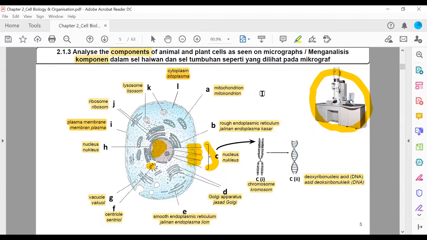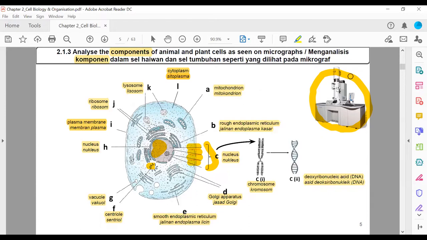They are known as organelle. Tapi cytoplasm dengan plasma membrane bukan organelle. For your information. Mereka hanya dikenali sebagai cellular component ataupun komponen sel sahaja.